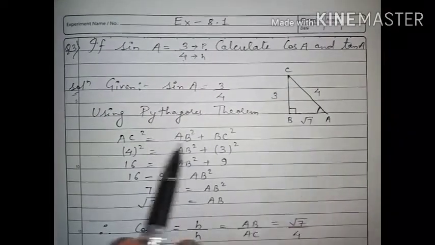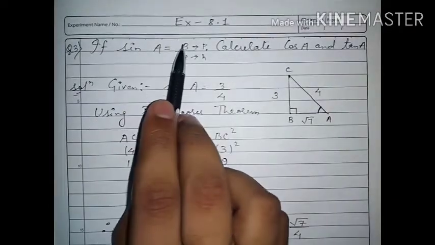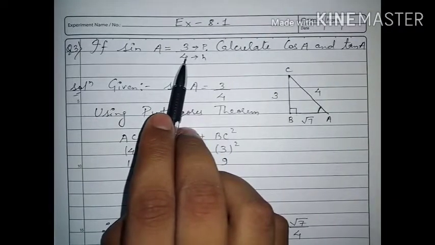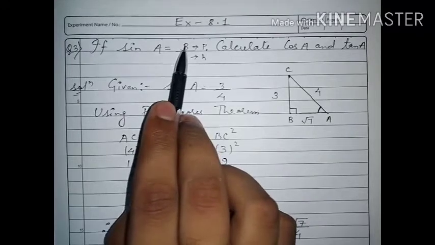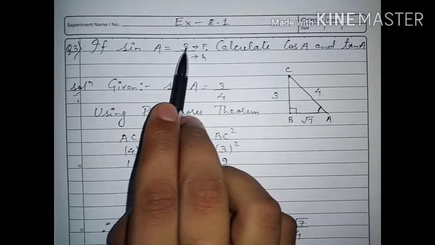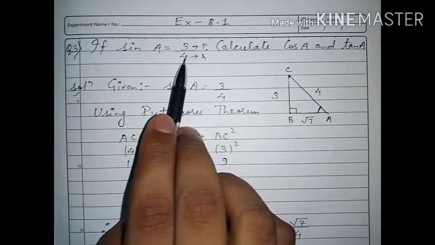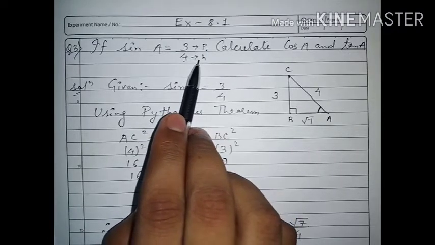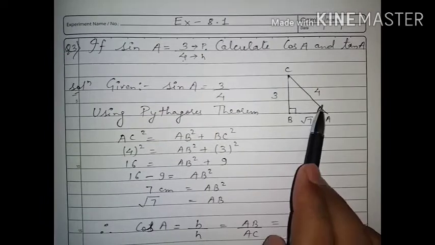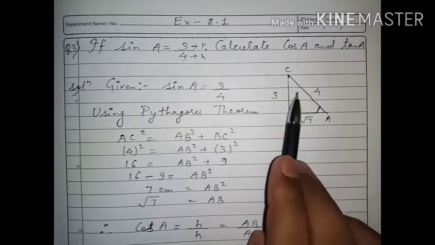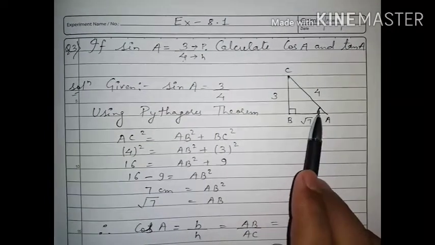It is given in the question sin of A is 3 by 4. We all know that sin theta is equal to P by H. So this 3 is treated as perpendicular and 4 is treated as hypotenuse. With respect to this angle A, our P is this side, the opposite side of this angle.